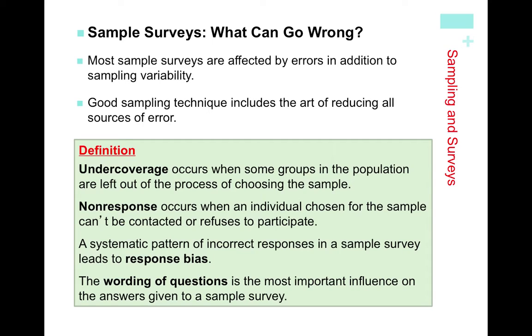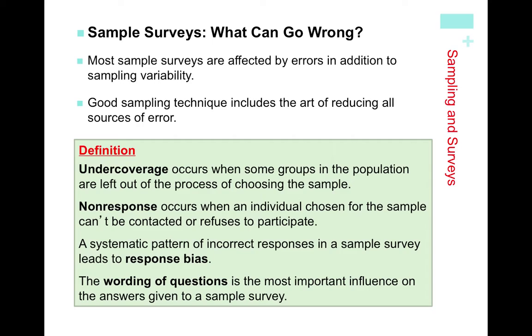An opinion poll conducted by calling landline telephone numbers will miss households that only have cell phones, right? Or miss out on households that just don't have a phone at all. The results of a national sample survey, therefore, have some bias due to undercoverage, okay, if people are not covered from the rest of the population.